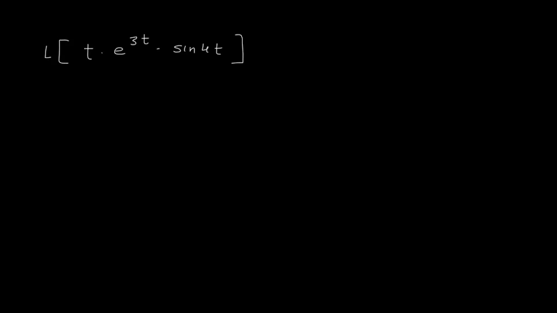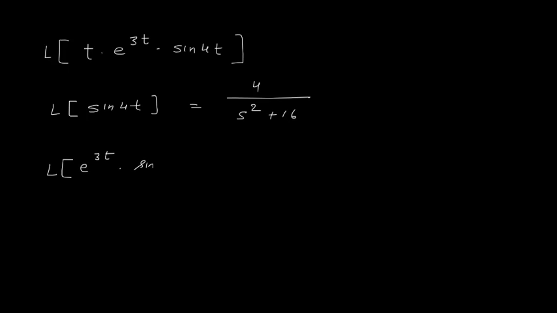First of all, I have to find Laplace of sin 4t. By formula it is 4 upon s square plus 16. Then I use the first shifting theorem for e power 3t into sin 4t. Wherever there is s, I will replace it with s minus 3.